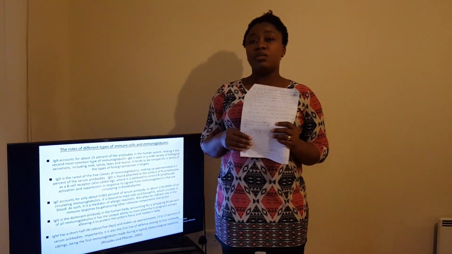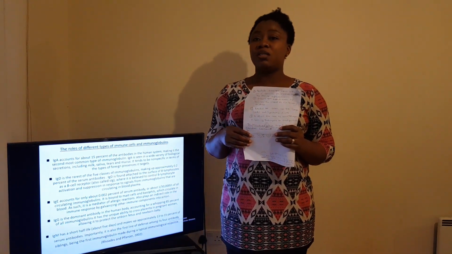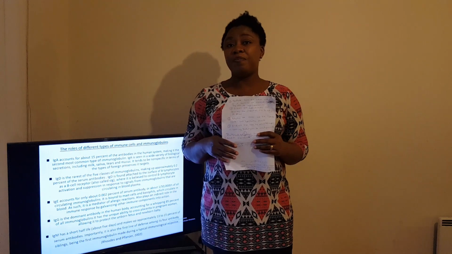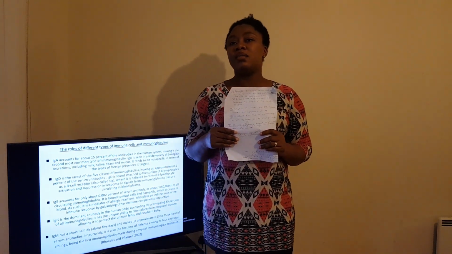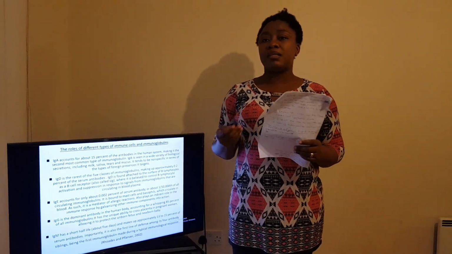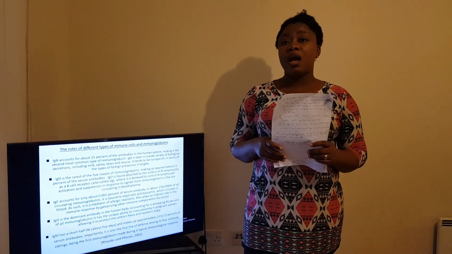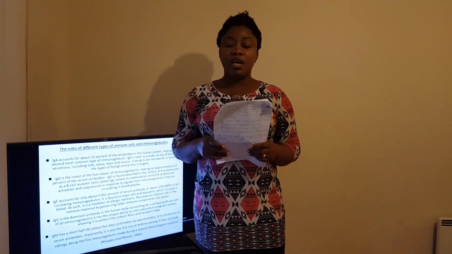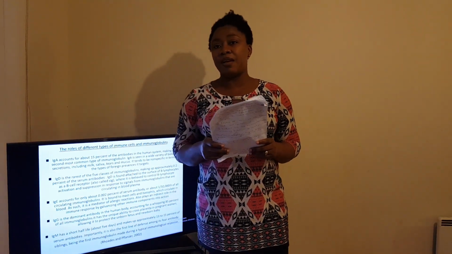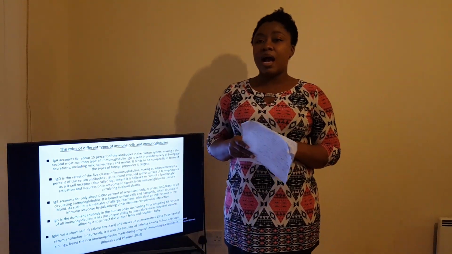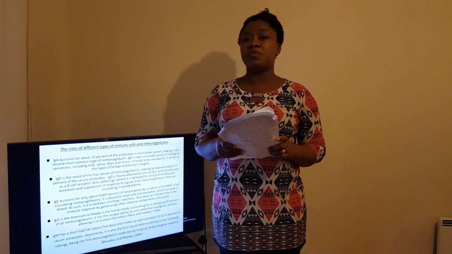IgG is the dominant antibody in the human body, accounting for a whopping 85% of all the immunoglobulins. It has the unique ability to cross the placenta in pregnant women, allowing it to protect the unborn baby.